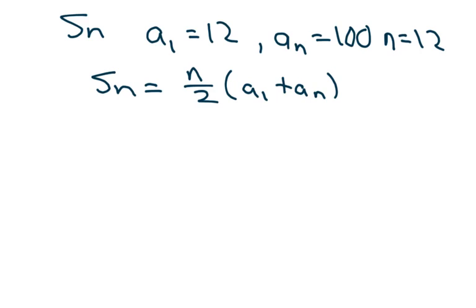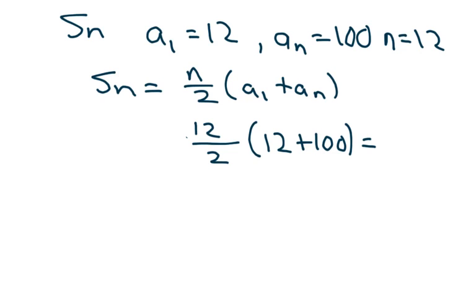My n's 12, so I get 6. Let me write it all out. Pretty soon you'll be skipping steps. So 12 over 2 times 12 plus 100. And that's going to yield 672.